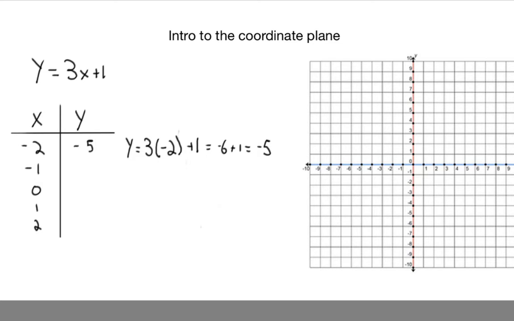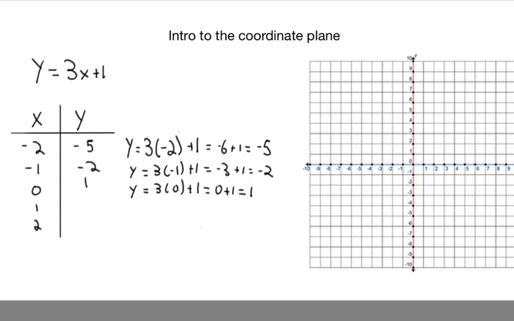Again, we have y equals 3 times negative 1 plus 1, which is negative 3 plus 1, which is negative 2. Now y is equal to 3 times 0 plus 1, which is 0 plus 1, which is equal to 1.